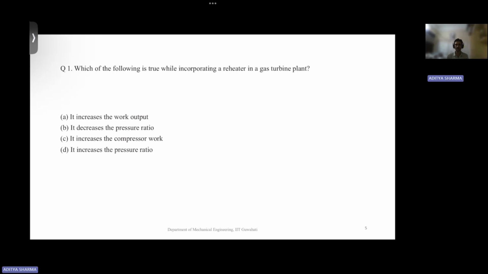So four options have been given. So you can go through the options and try to answer which one is the correct option.